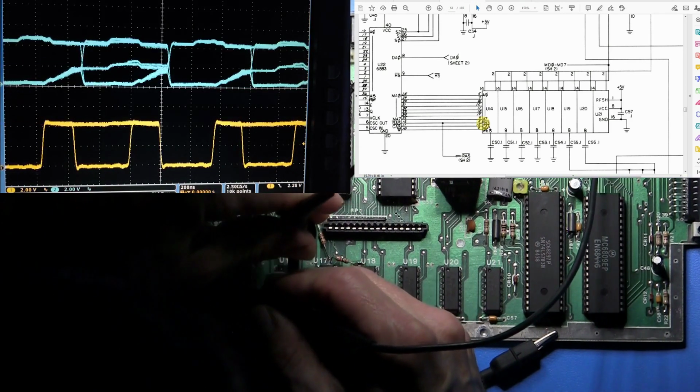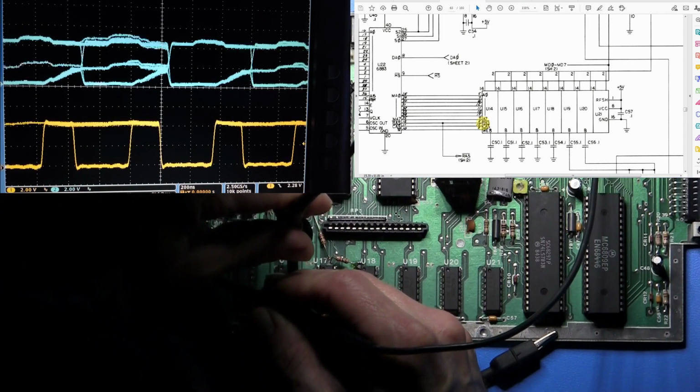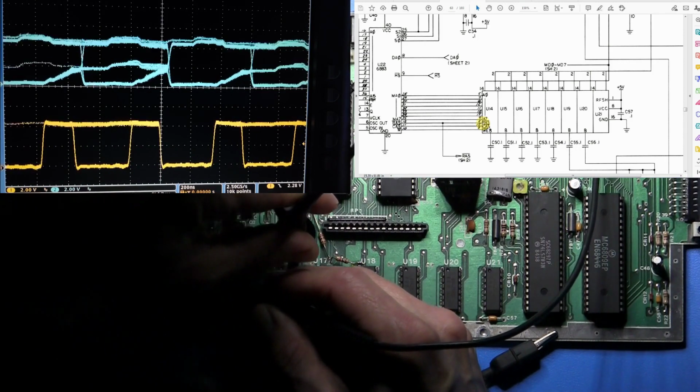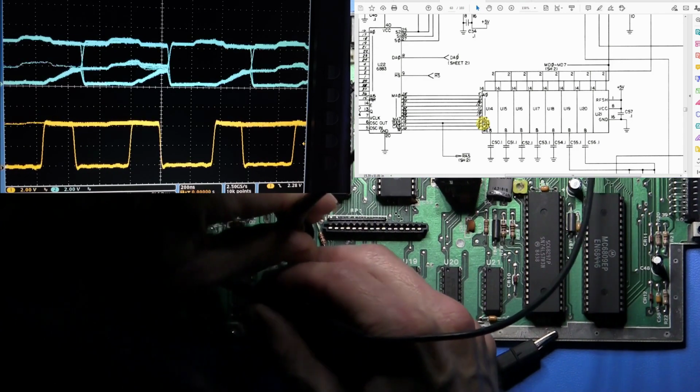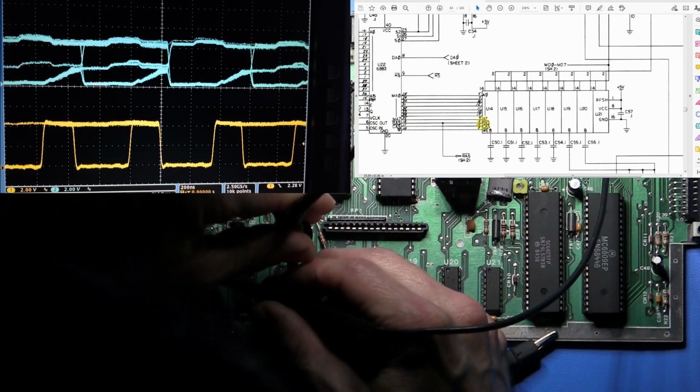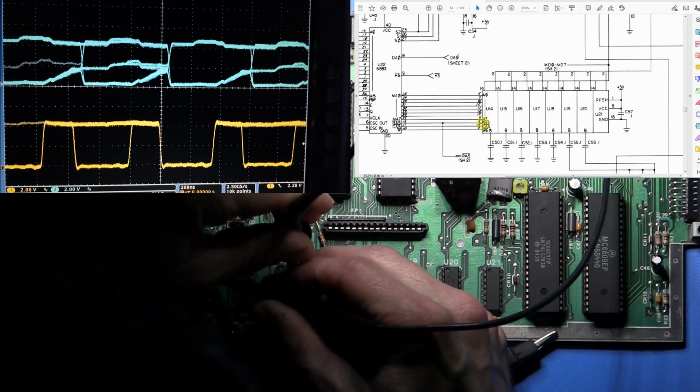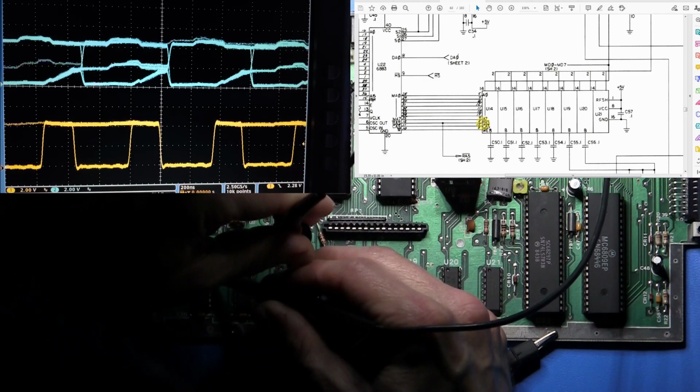So here's back to the U14 chip, data 0. Okay, and you can see that within 50 or 60 nanoseconds or so of the trigger there, where CAS falls low, we have data.